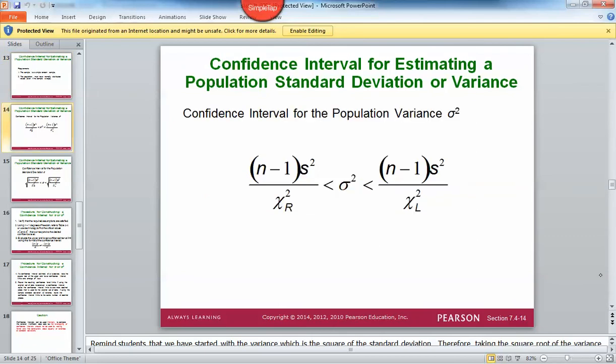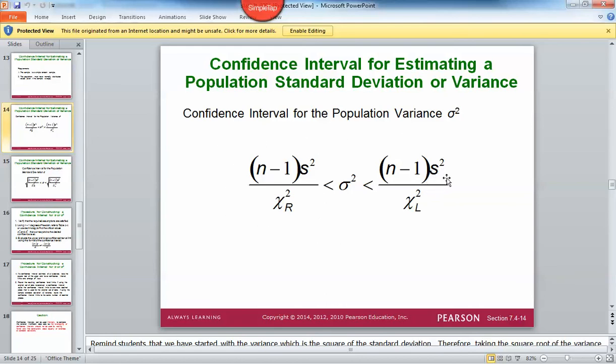Alright. Now, here's the formula that we use for population variance. N minus 1 times S squared divided by the right critical chi value. That's how we get the left endpoint of our confidence interval.